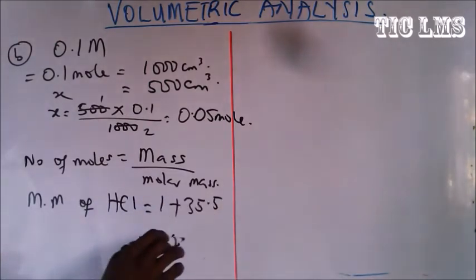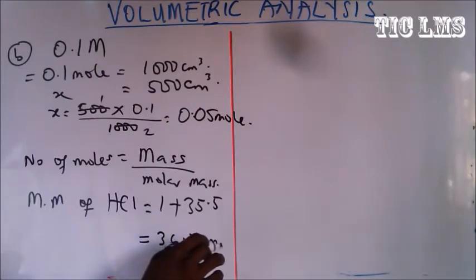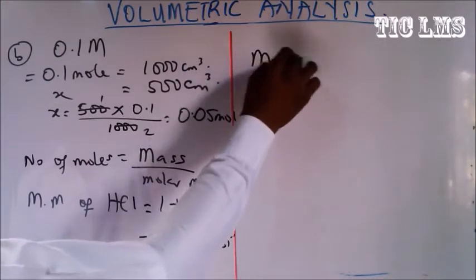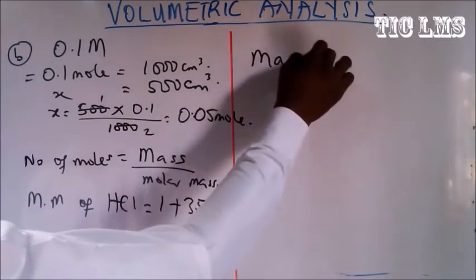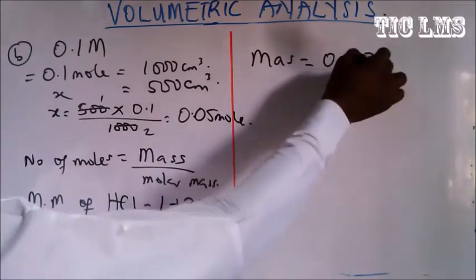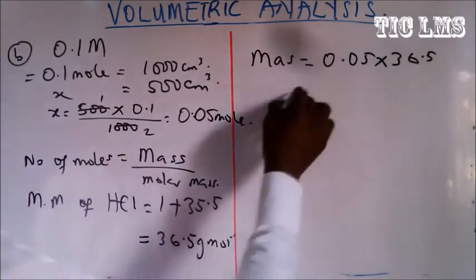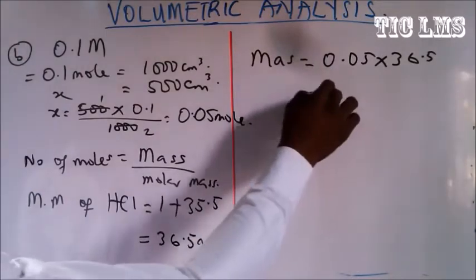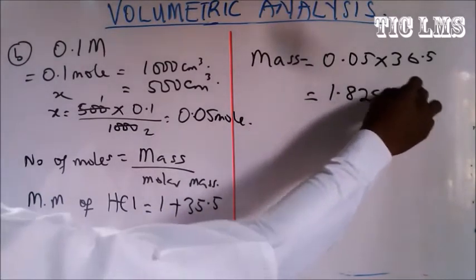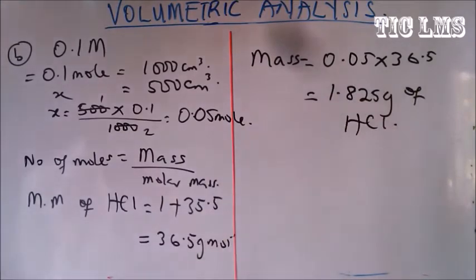That gives 36.5 gram per mole. So with that, we can find the mass, which is equal to number of moles 0.05 multiplied by molar mass, that is 36.5, and that gives 1.825 grams of HCl.